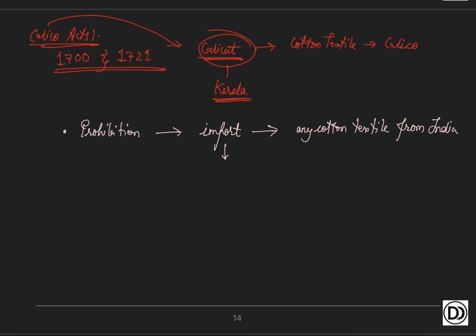Import where? Import into England. So the act prohibited that no cotton textile from India could be imported to England. There was an exception of raw cotton.